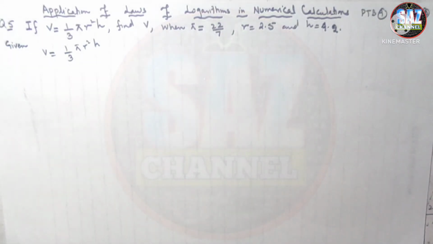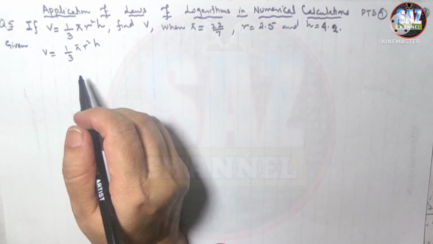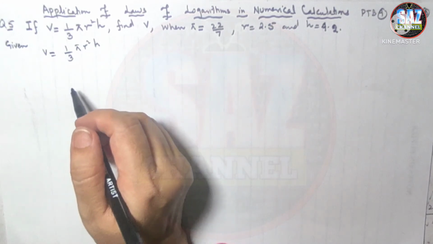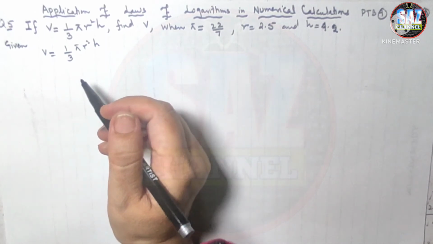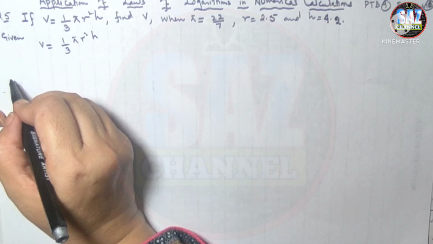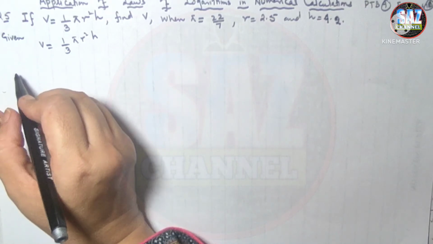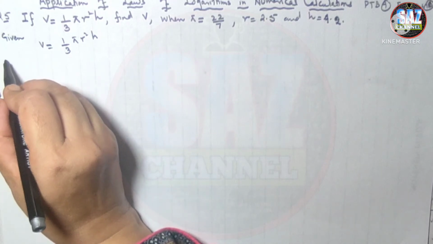So it's up to you, either you can apply the properties of log first and then you can solve the question, or you can replace the values first and then you can solve this question. It's an individual choice. I will be applying the properties of log first and then I will be going for the values. I have to take log on both sides.